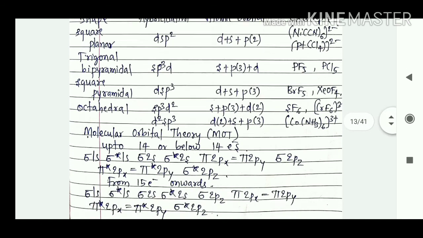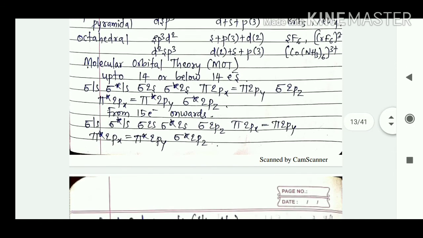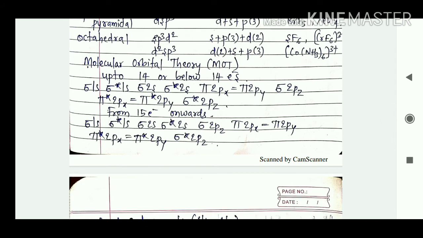We'll consider the next one, molecular orbital theory. Here we need to remember that up to 14 electrons it is different, and from 15 onwards it is different. Before 14, the pi 2px and pi 2py come first, then the sigma 2pz comes afterwards.